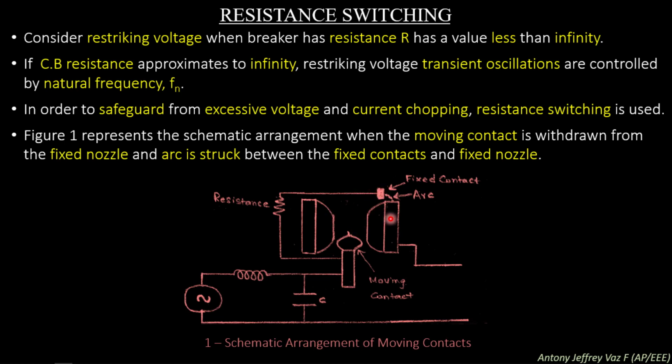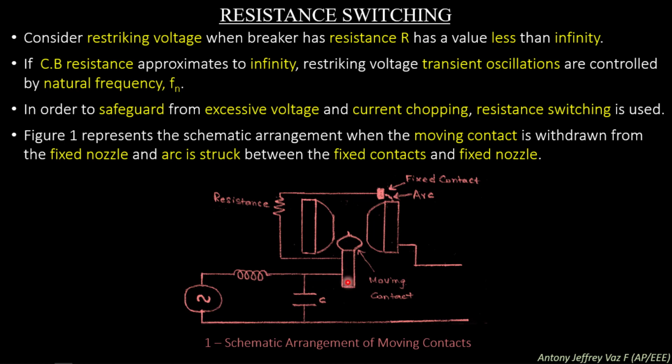Here, these two fixed contacts provide the main contacts through which the current will flow, and the moving contact is moved in or out to close or open the circuit.